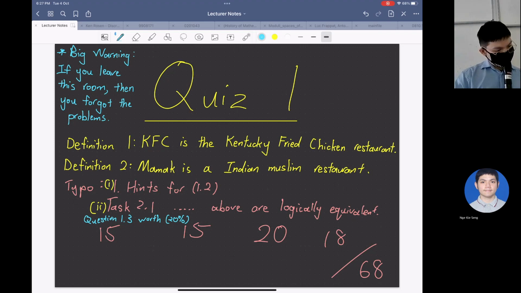Actually, the second question I meant to ask you to demonstrate whether you can do the truth table or not, but since I didn't put it in the question, I will change it for the others.